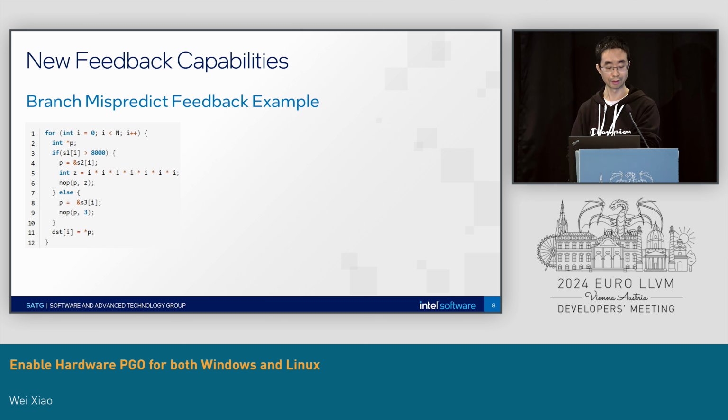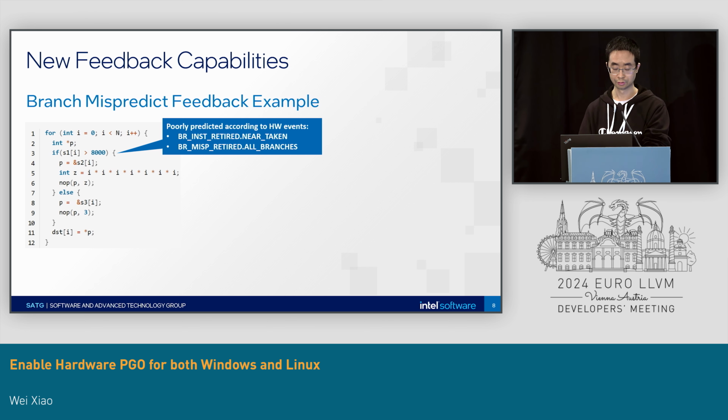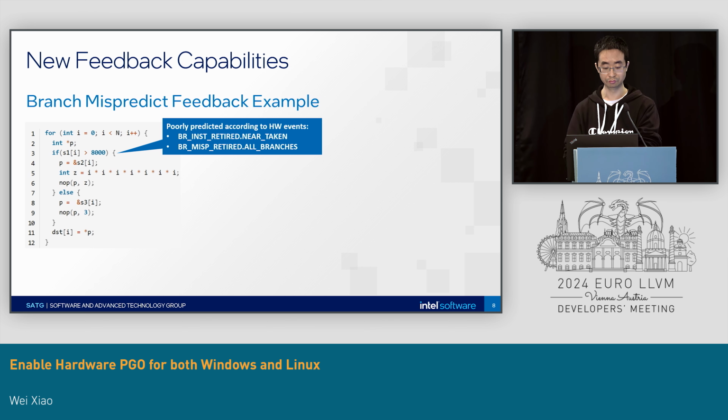For example, if the hardware profiling tells us that this if statement is poorly predicted according to the events we just mentioned, then we can attach the unpredictable metadata to the branch instruction. This is existing metadata in LLVM IR.